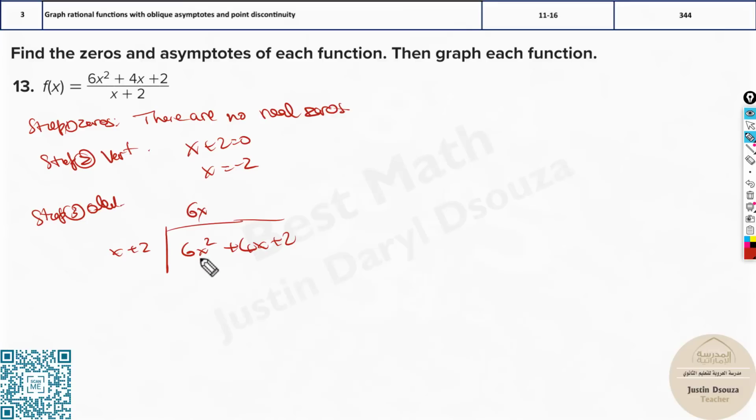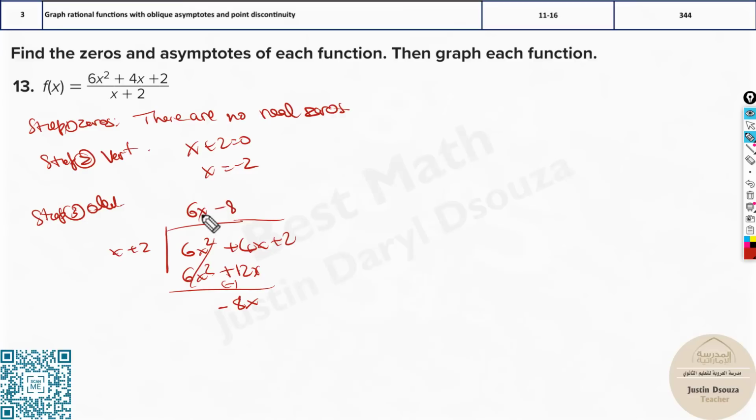So it is 6x, and then over here it is 12 plus 12x. This cancels off, and you're remaining with minus 8x. And now we just see these two numbers, it'll be minus 8. That's it. So 6x minus 8 is the oblique asymptote.